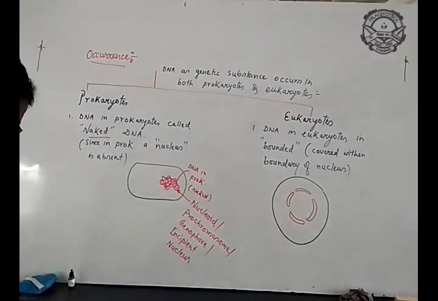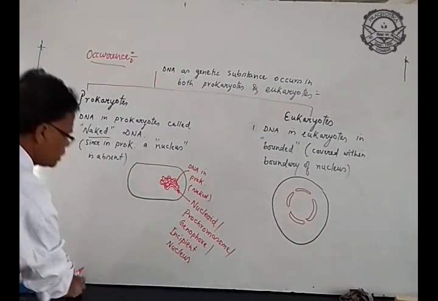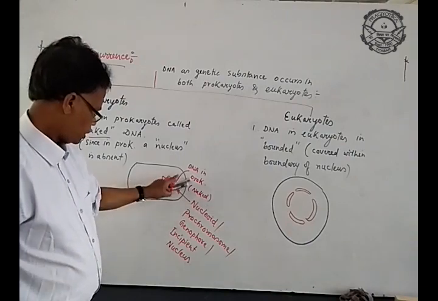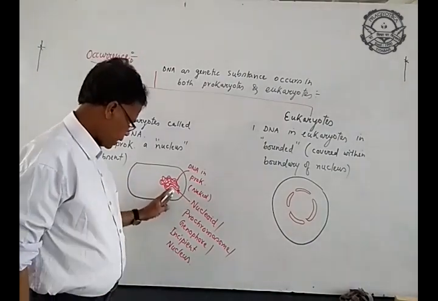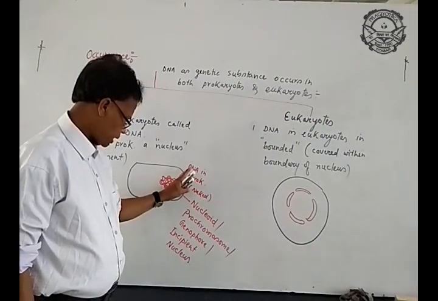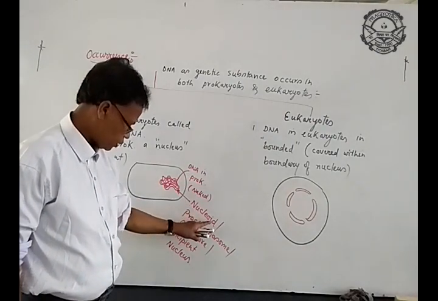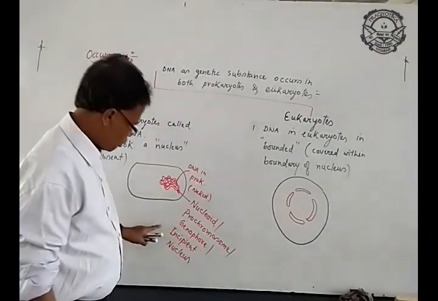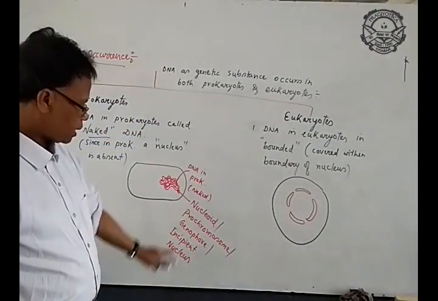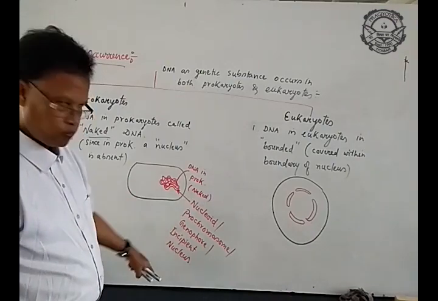The DNA in prokaryotes is naked because the nuclear envelope is absent. Naked DNA of prokaryotes is also called nucleoid, prochromosome, genophore, and incipient nucleus. You must note this down.